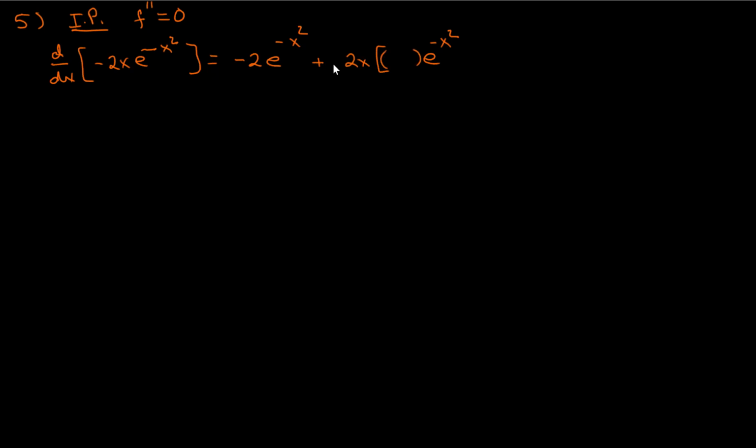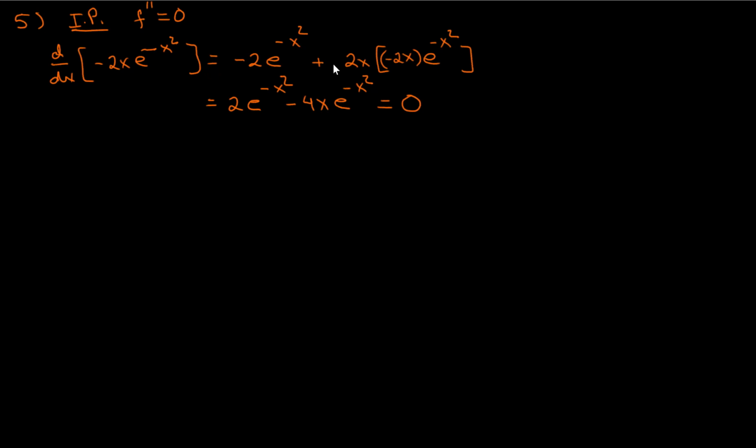But the chain rule says to then take the derivative of the inside. So I have something like that. So what this is going to give us is 2e to the negative x squared minus 4x e to the negative x squared. And we have to solve this equal to 0. This can actually be done fairly handily with just algebra.